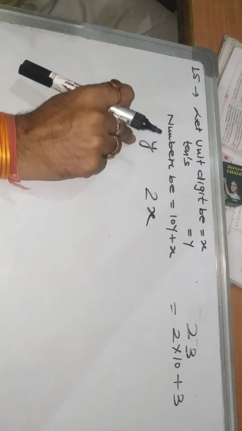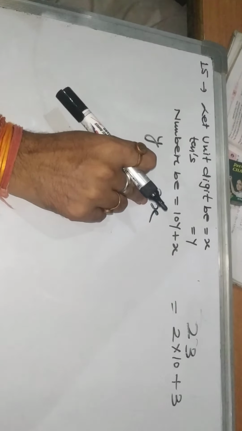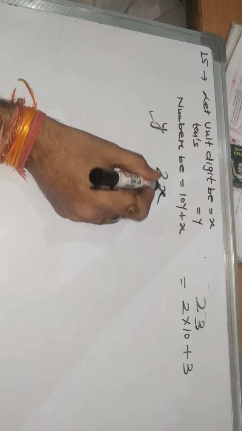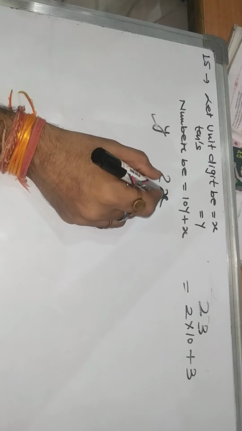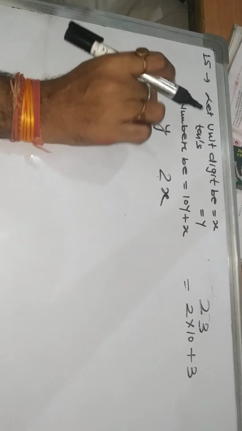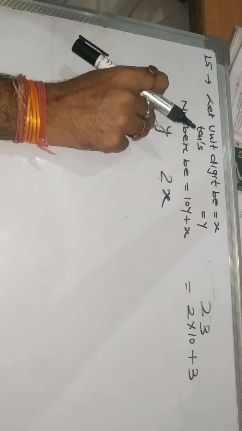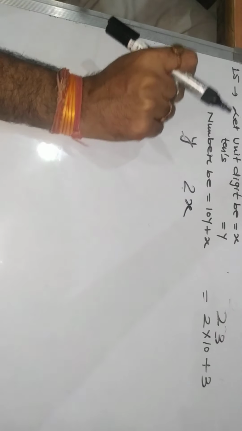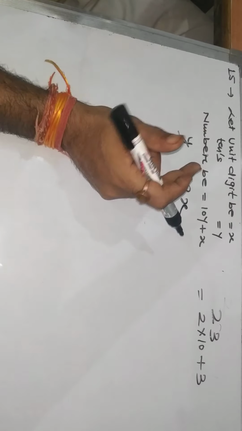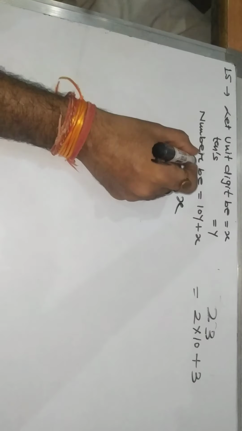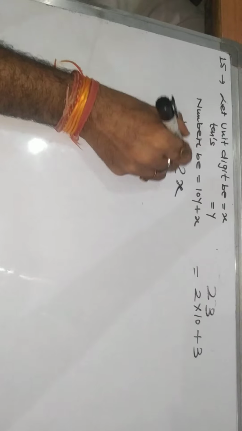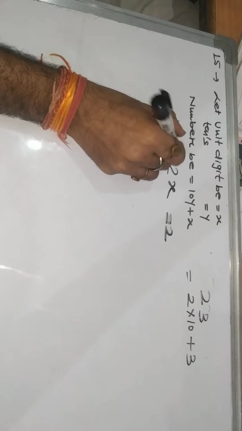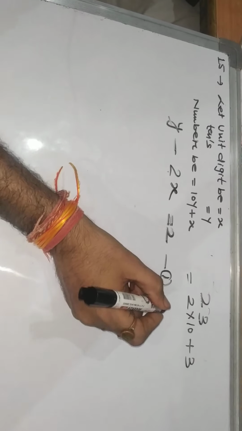It is more than 2, meaning the difference between these two numbers is 2. So we can write y minus 2x is equals to 2. It is equation number 1.